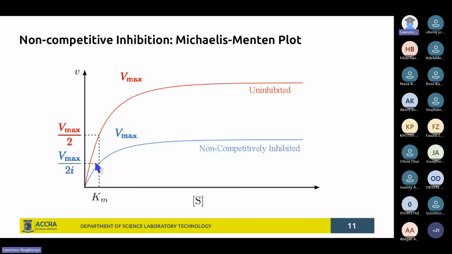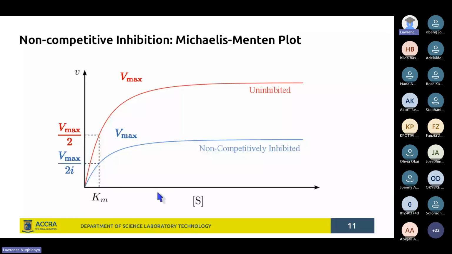So you see there, the Michaelis-Menten constant, Km, is the same: at that substrate concentration, you reach half of the maximum rate of reaction for the non-competitive inhibition. And it is at the same substrate concentration that half of the maximum rate of reaction is reached for the inhibited reaction as well.